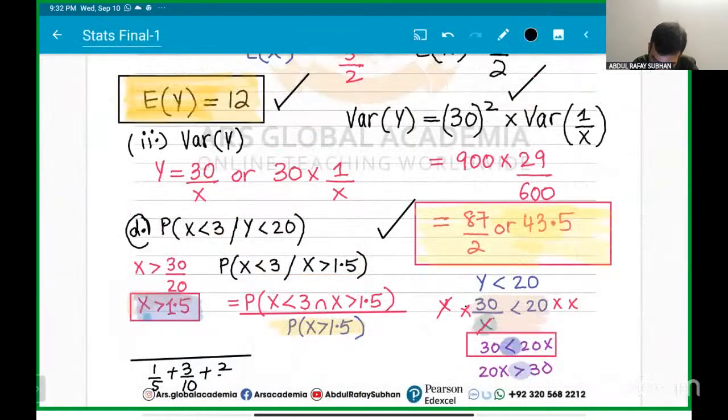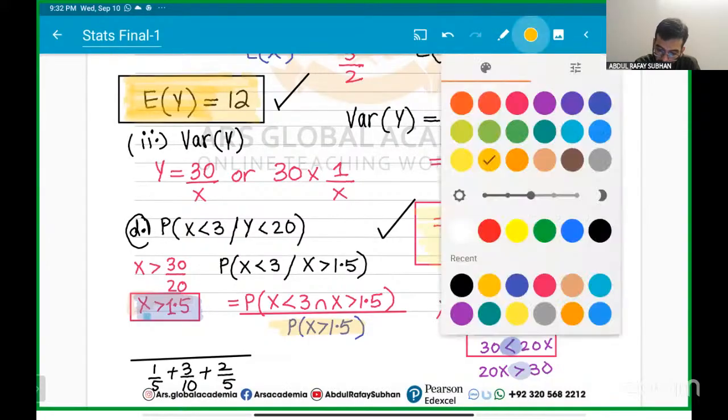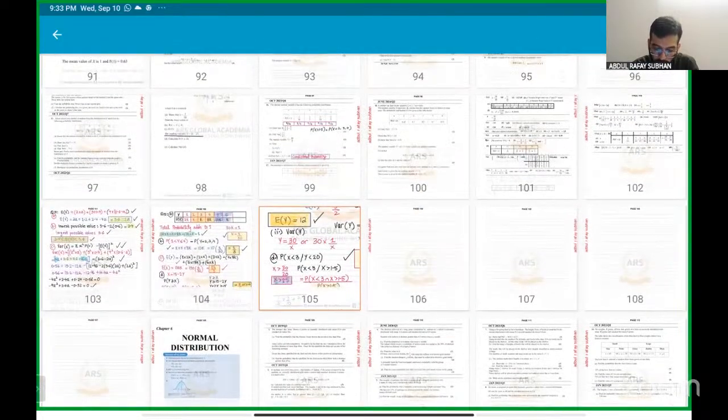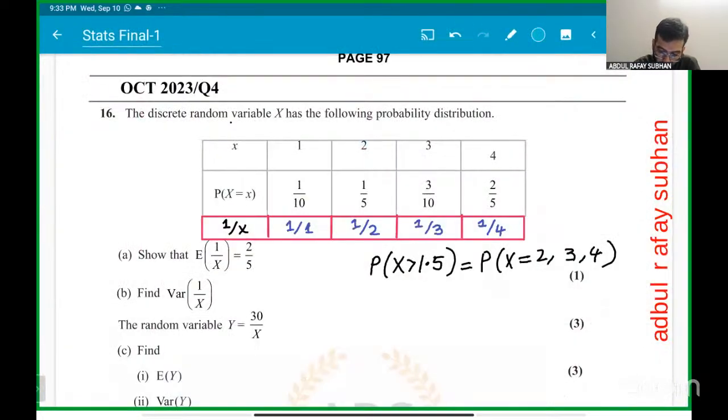Is everyone getting it? The numerator will be that x should be greater than 1.5, but x is also less than 3. The only value that can come in between is 2. Always remember, in conditional probability the numerator comes from the denominator. So x should be greater than 1.5 but less than 3, so only 2 is there.